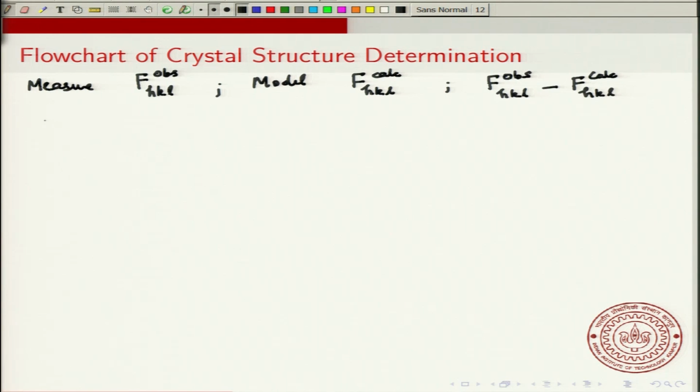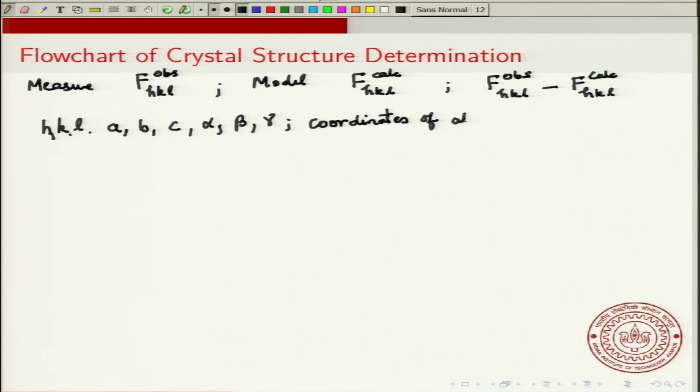So you need H, K, L, A, B, C, and alpha, beta, gamma. These are the unit cell parameters and the coordinates of atoms in the unit cell.